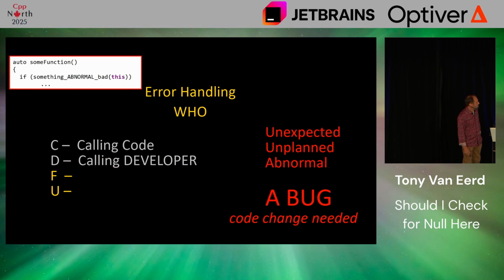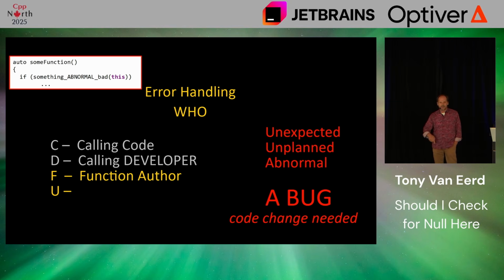Okay, who else might we want to tell if something abnormal happens? The other way around: the function author, which might not be the same as the person calling you. Those are two different developers. Especially if you work on something like the OS, as I did at BlackBerry, where I wrote OS APIs.